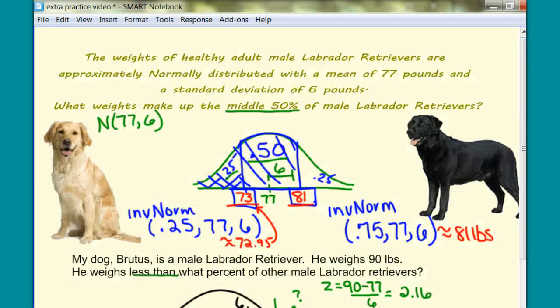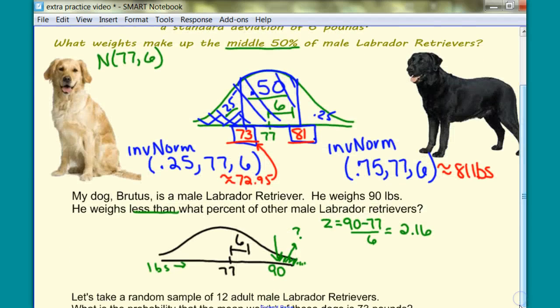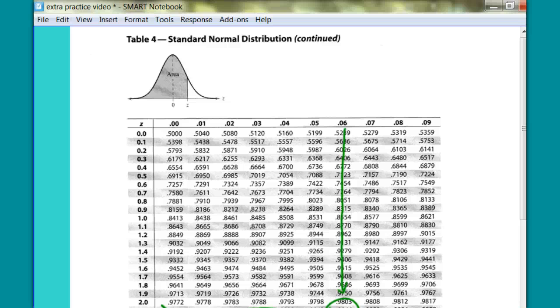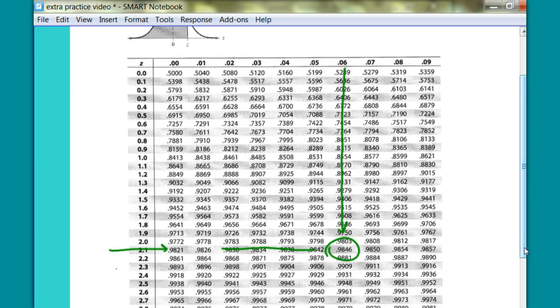Let's look and see how that looks in our problem here. 2.16, 98.46, sorry, my bad, 98.46.